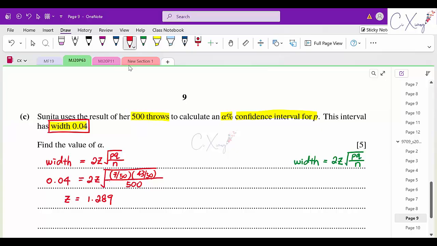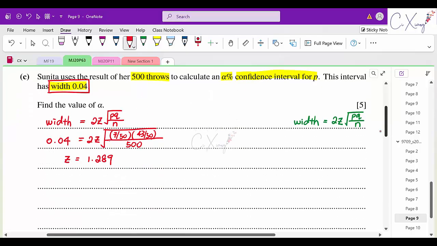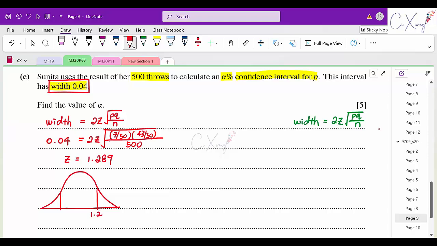All right, then how can I get the alpha? Let us recall the diagram that I drew just now, because we know that this is basically a normal distribution. Like what I told you just now, we have one negative value for z and also one positive value for z. And this z is now 1.289.